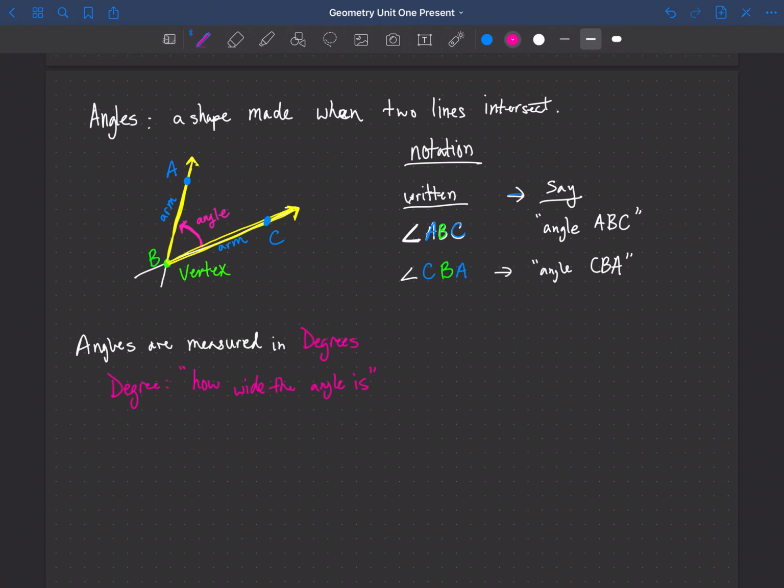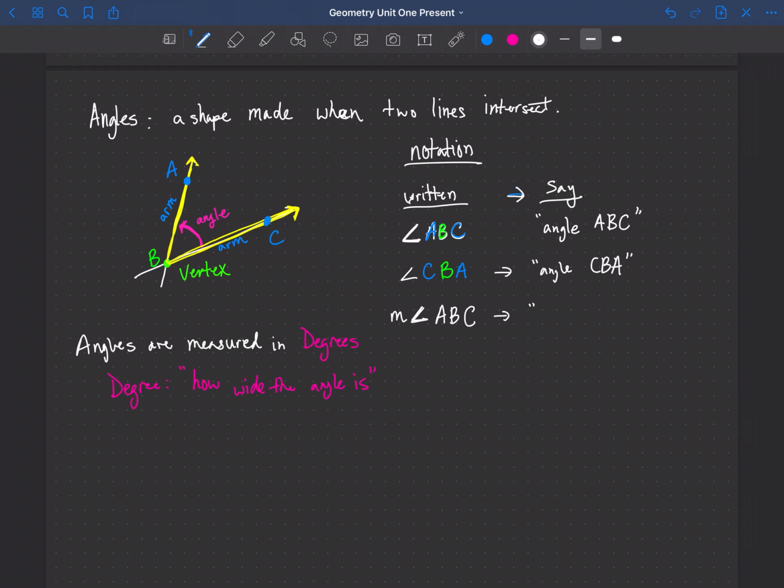You can think of degrees as how wide the angle is. Just like we can measure how long something is, degrees is measuring how wide the angle is.